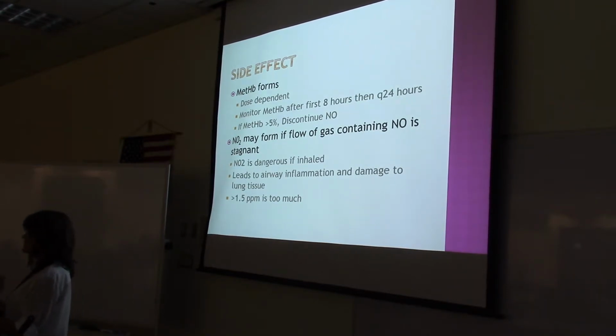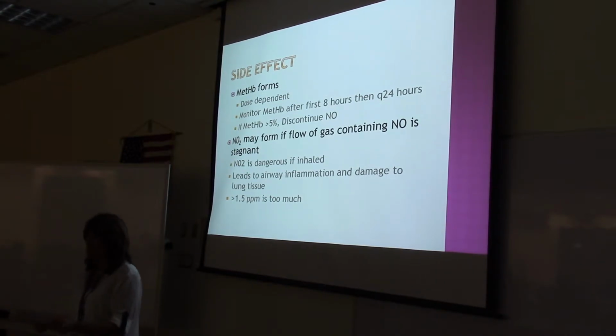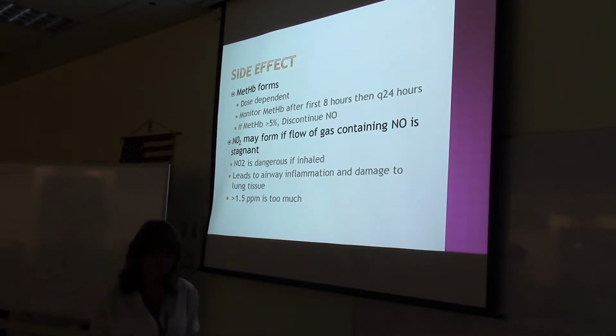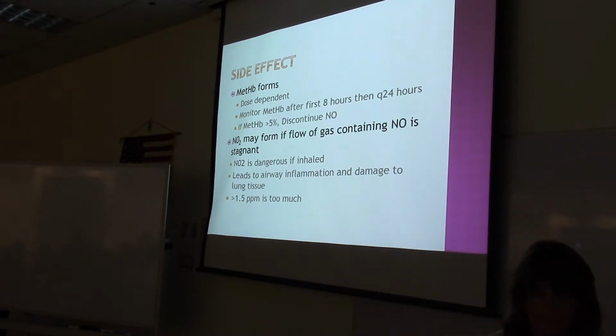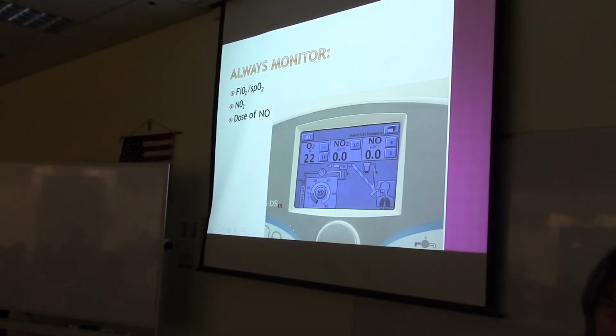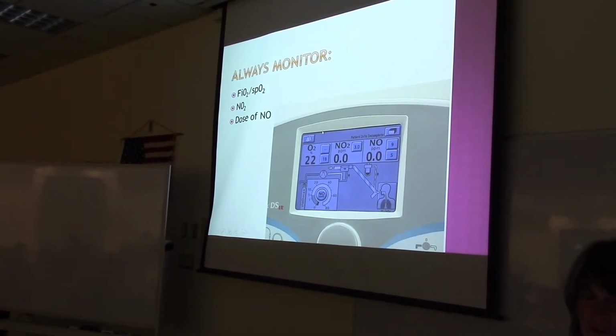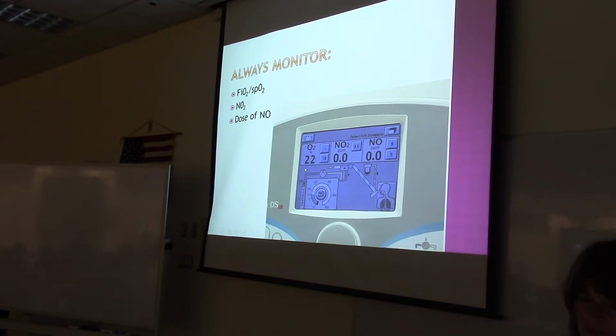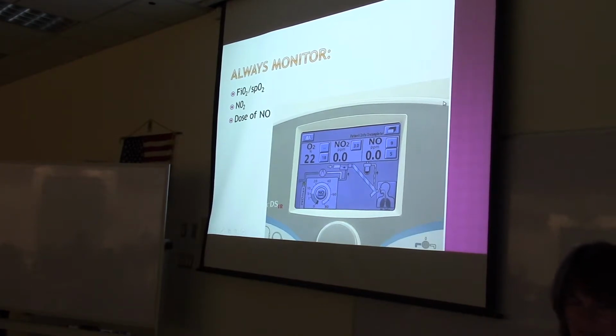Because within 30 seconds, you'll get the nitrogen dioxide to form. So this is the front panel of the monitor, and it's always monitoring the concentration of oxygen you're delivering, the level of nitrogen dioxide, and the level of nitric oxide.